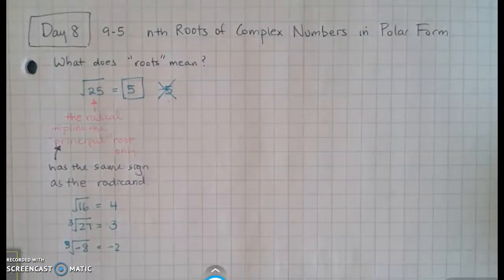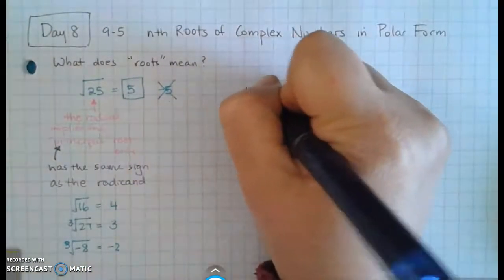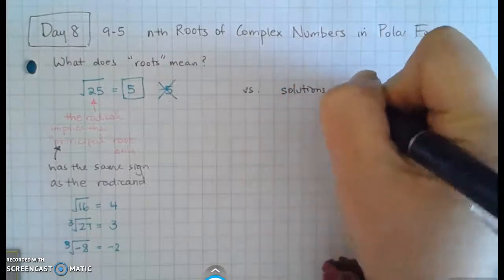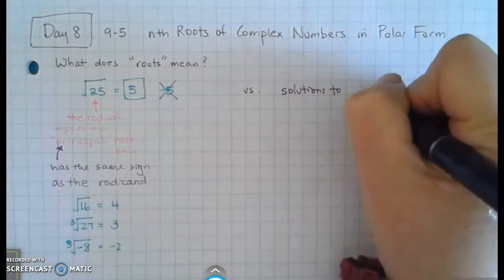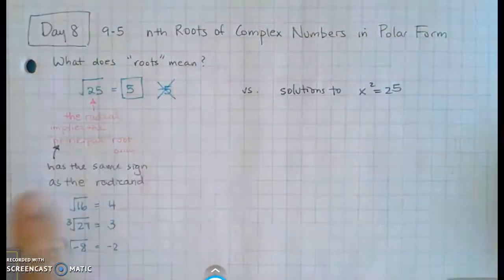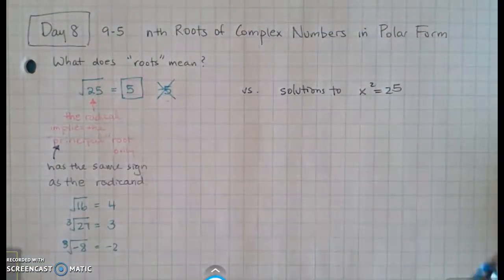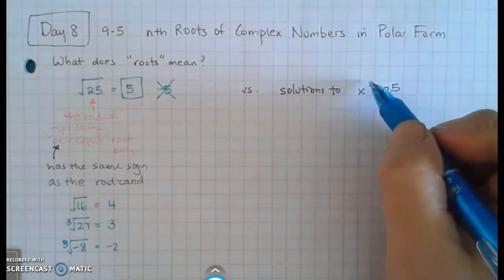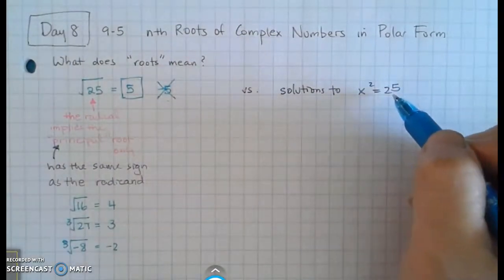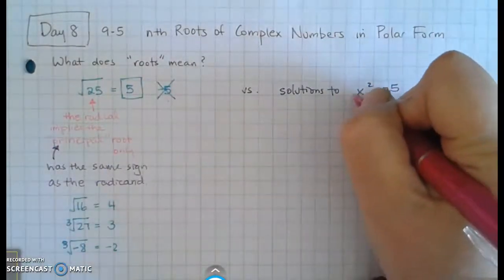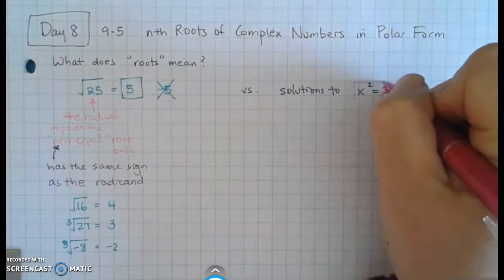In contrast, if I said find the solutions to x squared is equal to 25, now this is a whole new ballgame. In this case, we're dealing with a variable. One number when it's squared is going to be 25. So in order to solve for this, we would take the square root of both sides.